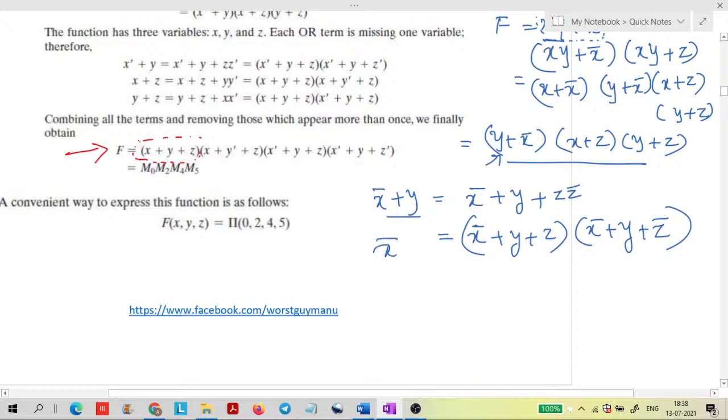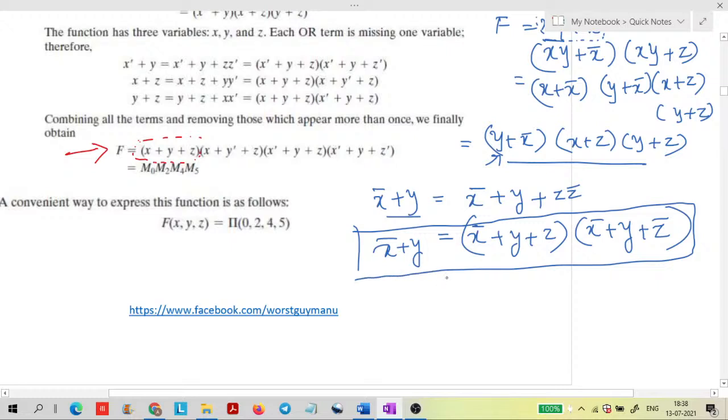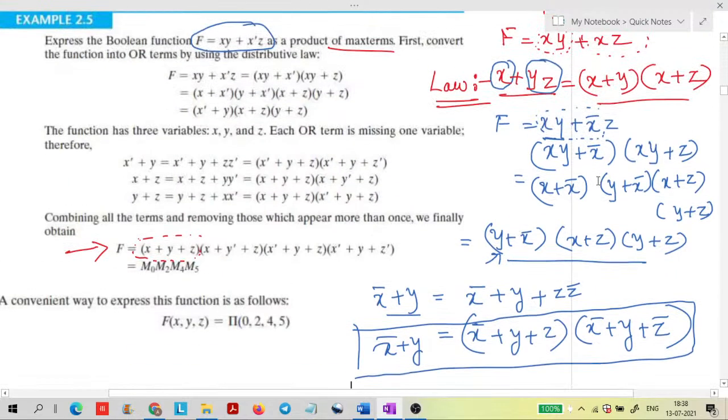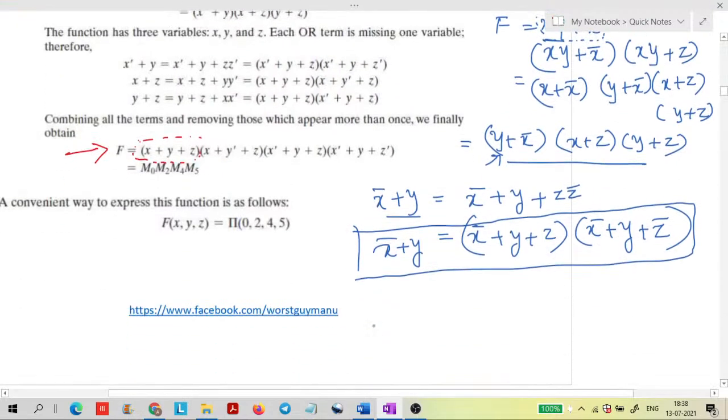So the distributive law is very important, you need to remember that. X plus yz is (x plus y) into (x plus z).